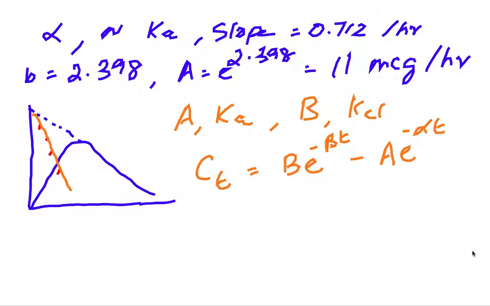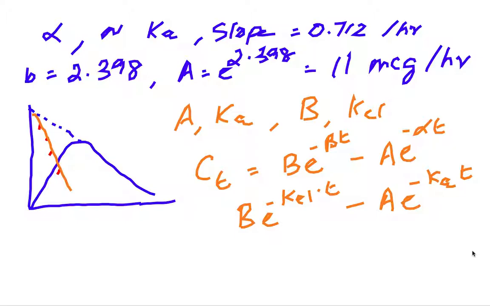It's the same as B e raised to negative KEL times t minus A e raised to negative Ka times t. So either one should work. So that is the method that you can use to calculate these values.